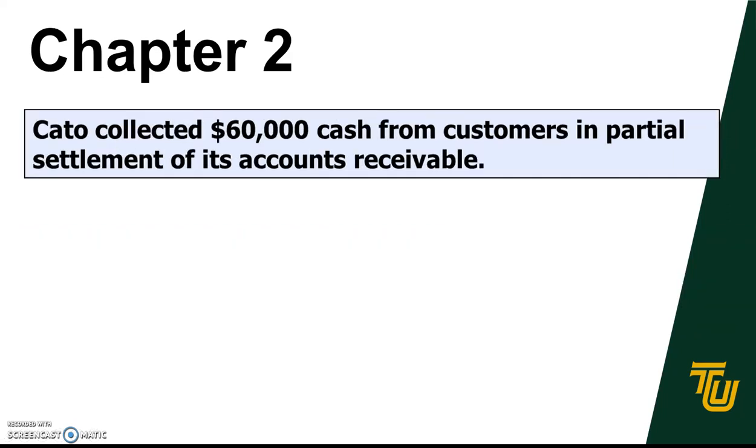Cato collected $60,000 cash from customers in partial settlement of its accounts receivable. So we've received payment from some of those customers that owed us on account. Was cash impacted?